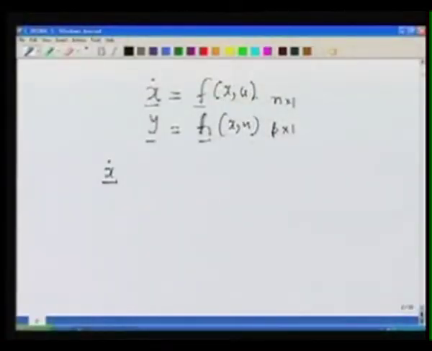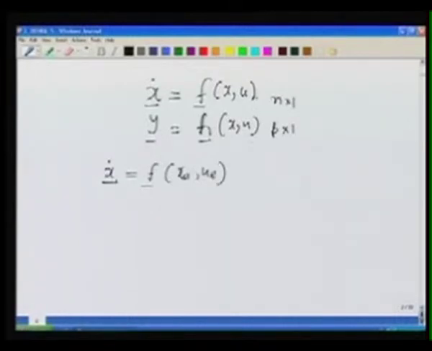So, by way of review, we said how a nonlinear function can be expanded using Taylor series expansion around some point.